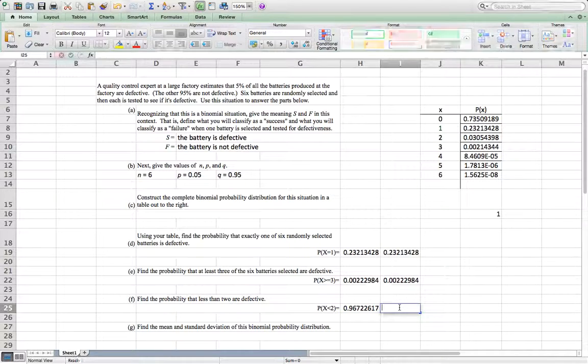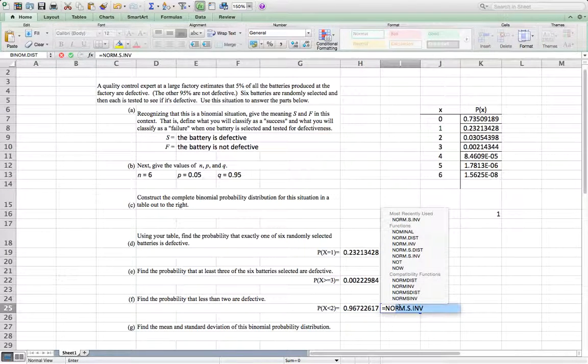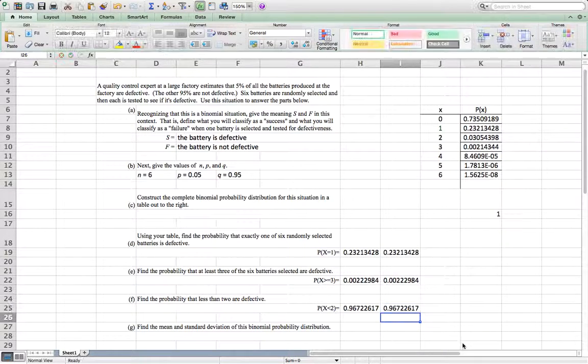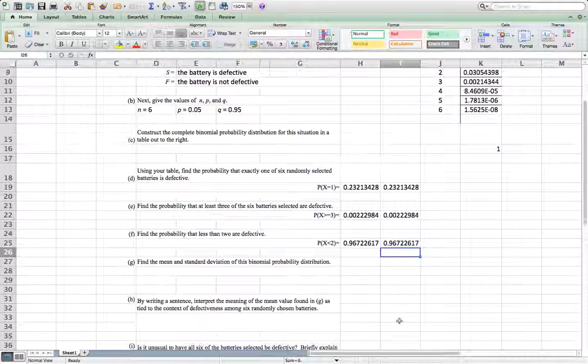Or again, I can use the formula directly. Binomial distribution. This time my number of successes is 1, trials still 6, 0.05, and the cumulative is true. True, I can just type 1. 1 means true, 0 means false. So I should get the same result, you see.